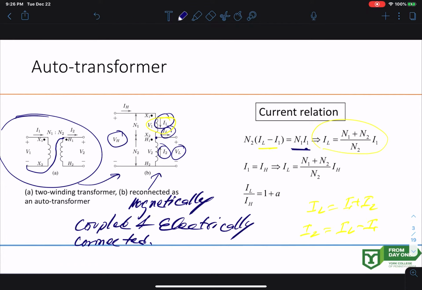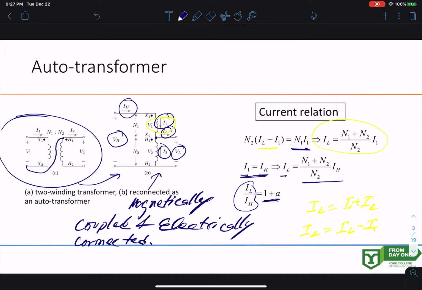Okay, so now I1, or IH, this current over here would be the same current, right? So IL can also be arranged like this. Now if I take the ratio IL over IH, I get 1 plus A. What is A?